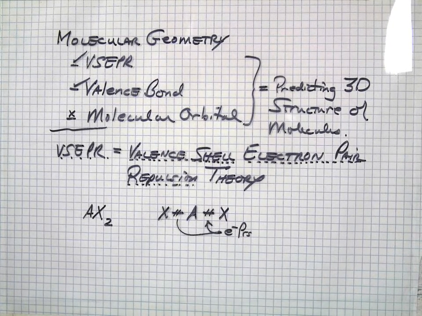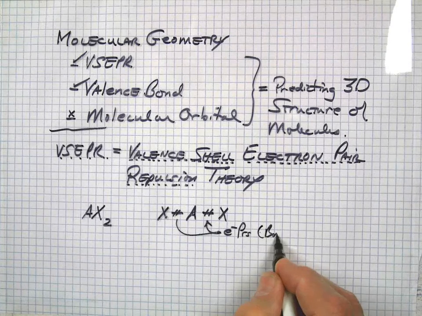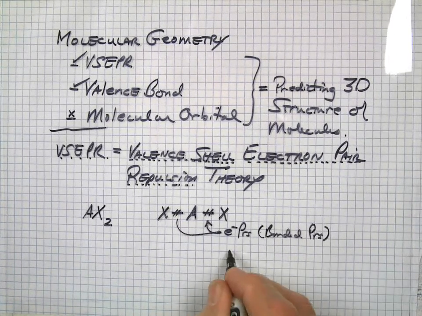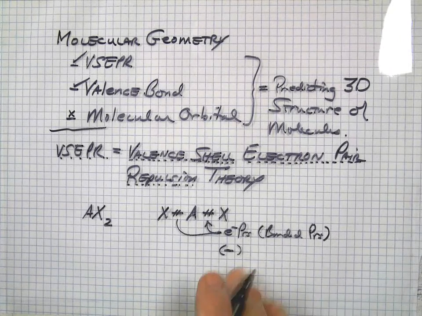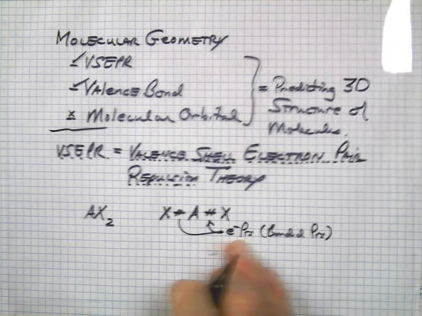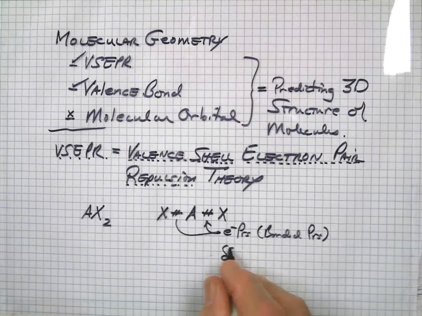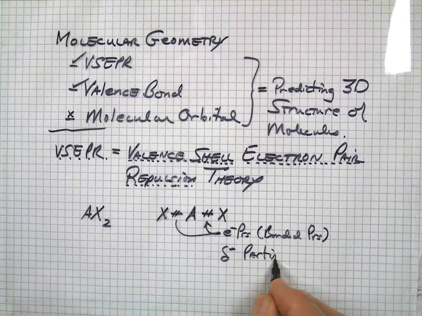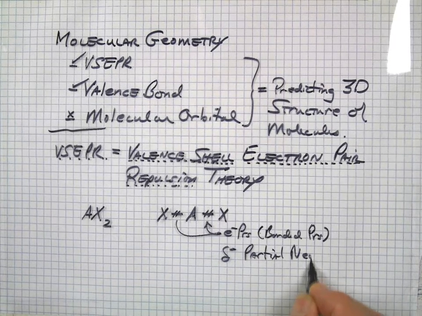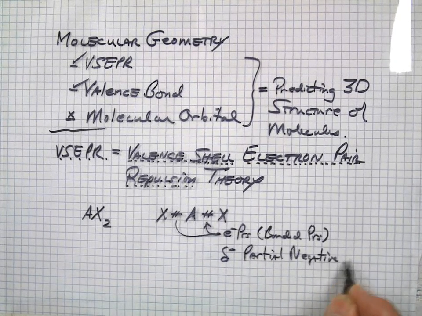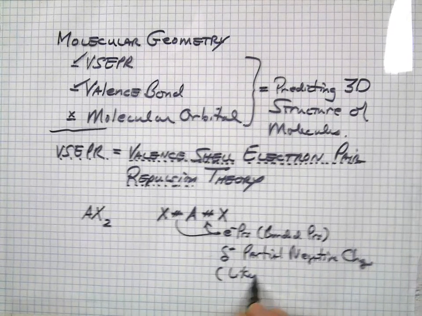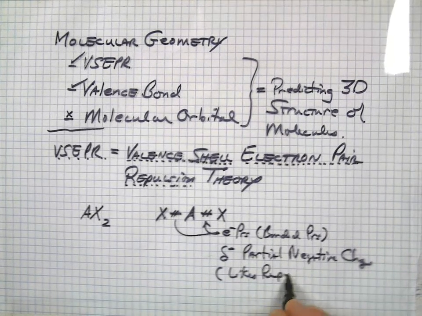Now, these are bonded pairs. They have a partial minus charge. Let's do it partial. They have a significant negative charge. And of course, likes repel likes.